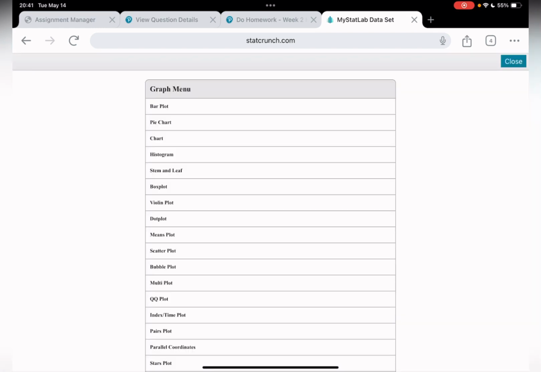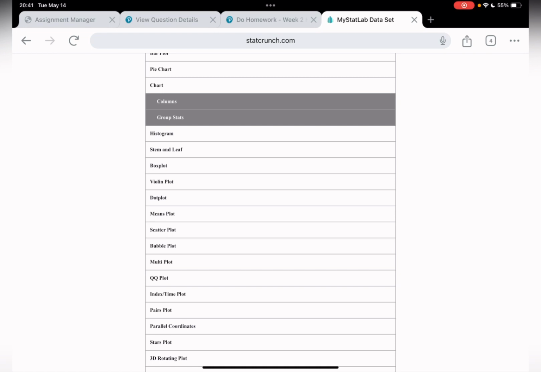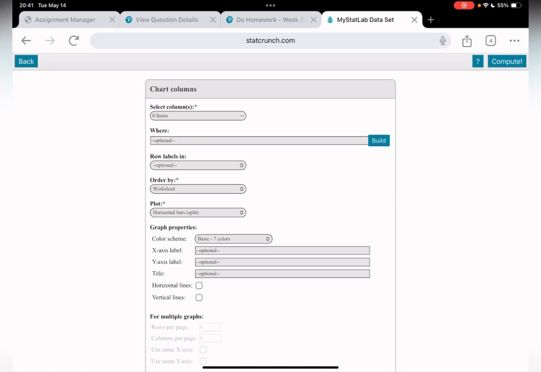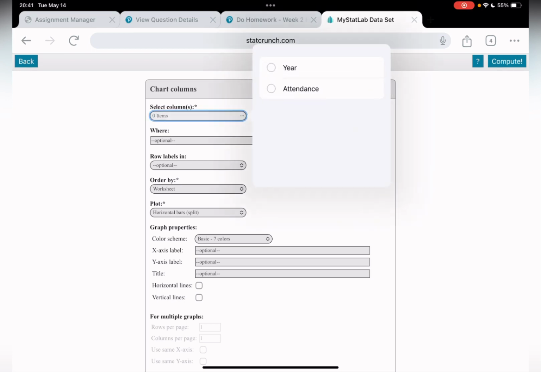Yeah, okay, chart and column. Yours can be a little bit different in format, but not the data. So what do we have? We are choosing attendance because the subject of our interest is attendance.